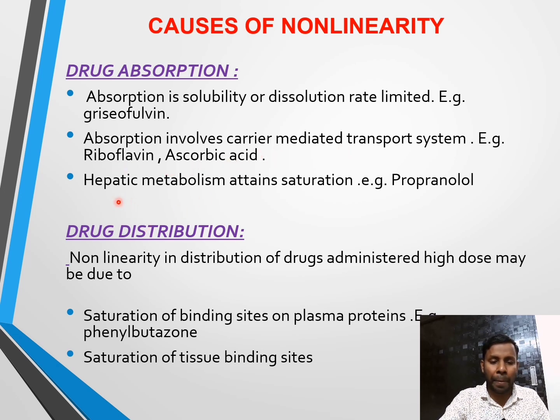Then third point, hepatic metabolism attains saturation. When the pre-systemic hepatic first pass metabolism attains saturation, then we will see non-linearity. Example, propranolol. Then in case of drug distribution, 2 points are there.